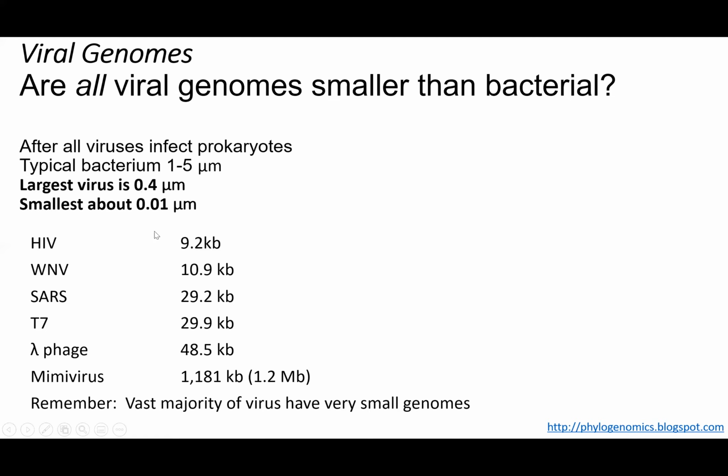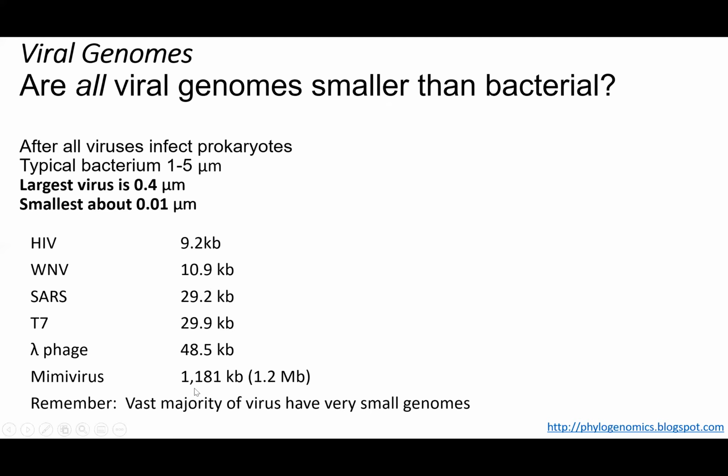But what you'll notice is that the size of viral genomes is really small, 9.2 kilobases, so that's 9,200 bases long. If we go up the ladder, looking at something like West Nile virus, SARS, a T7, or a gamma phage, which are bacteriophages, they're pretty small, right? 48,000 bases of DNA or RNA long.